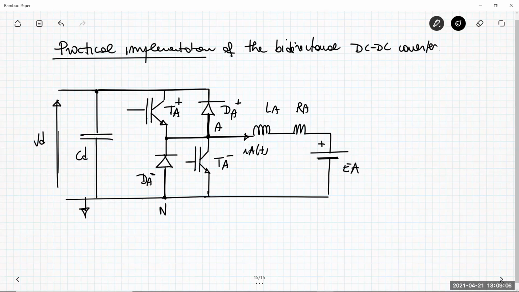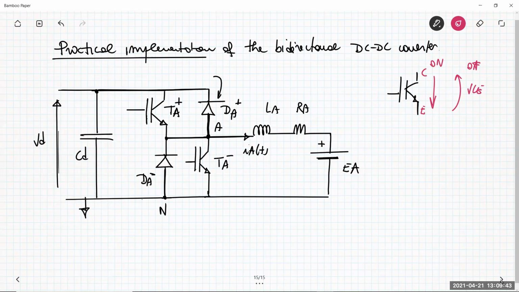This is the reason why I put diodes across the IGBTs. An IGBT is a switch that can only conduct current in this direction, from the collector to the emitter, when the device is on. When the device is off, the voltage that can be blocked is just a voltage VCE in this way, and this is the current when it is on.